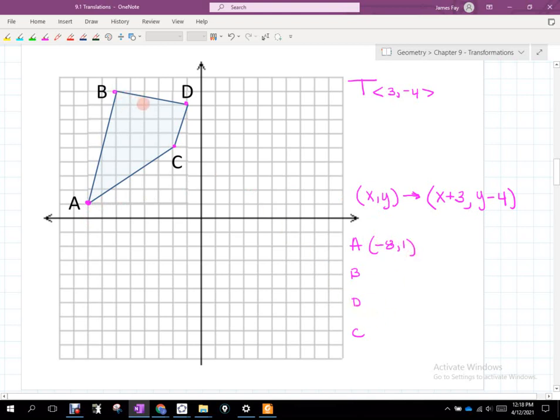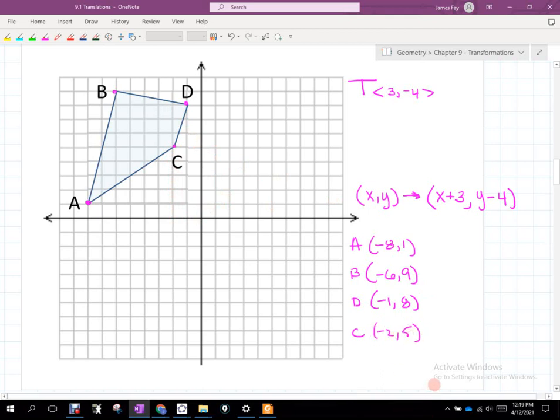B is going to be, if that's 10, 9, 8, 7, 6, negative 6, comma 9. D is negative 1, 8. And then C is negative 2, 5.